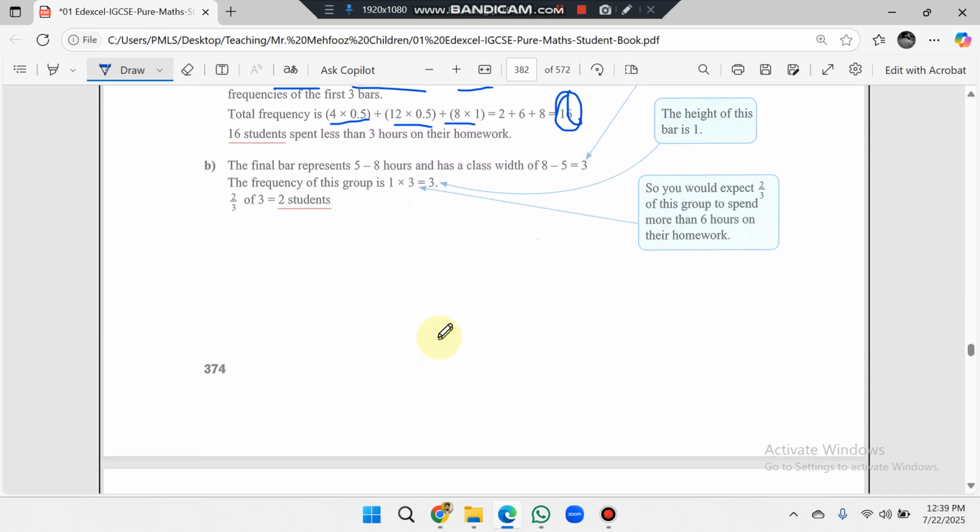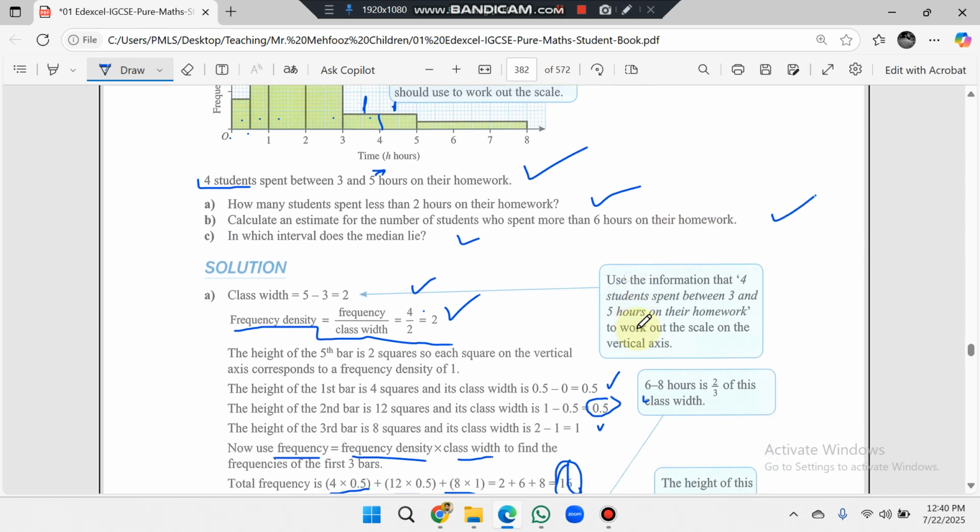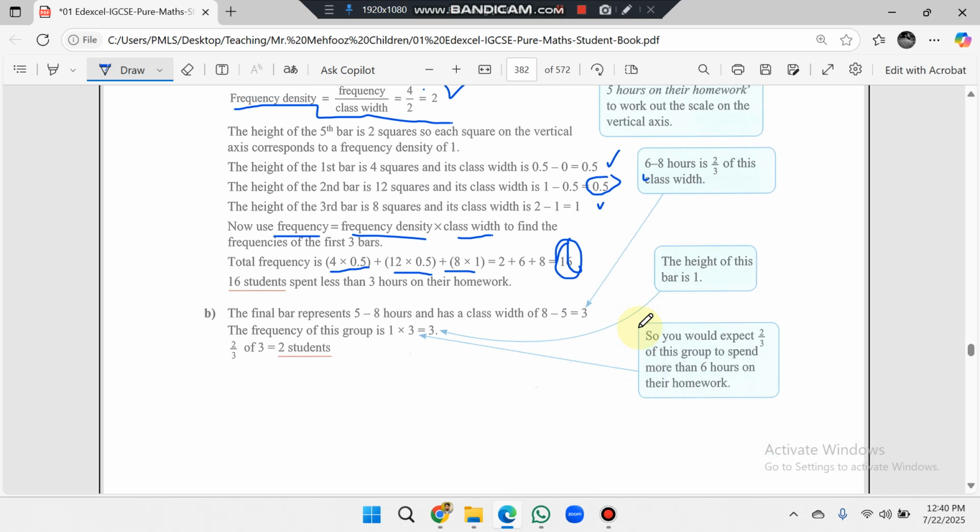Okay, next one is part B, where you can see: calculate an estimate for the number of students who spend more than 6 hours on the homework. Now we have to find the students who use more than 6 hours for their homework. The final bar represents 5 to 8.